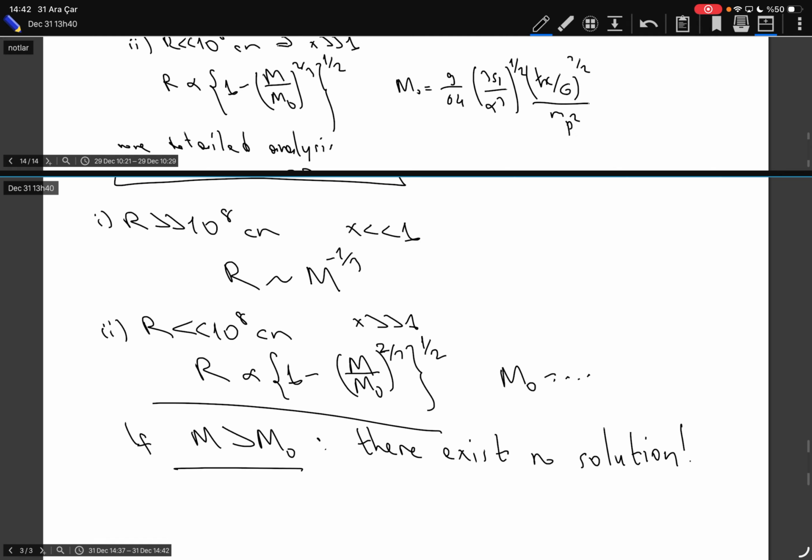Well, the gravitational pull is so strong that practically the Fermi pressure of the electrons can no longer balance the gravitational pull. So it can no longer be a white dwarf. What will happen next is the electrons will be crushed. They will combine with protons forming neutrons.